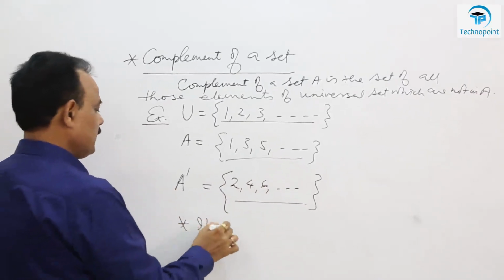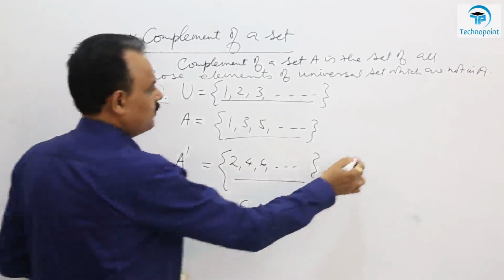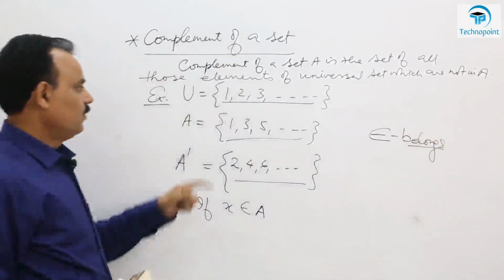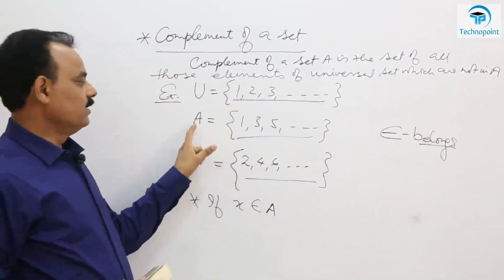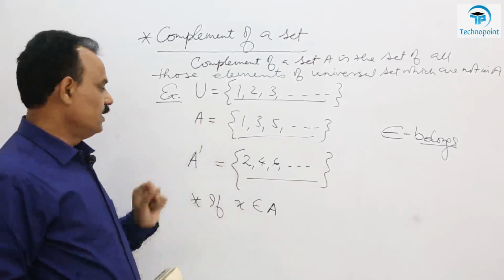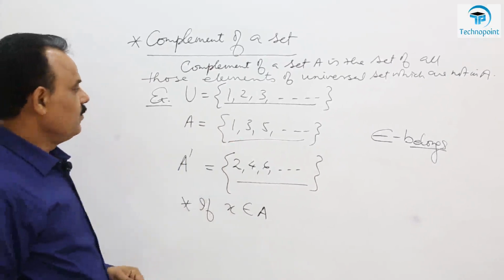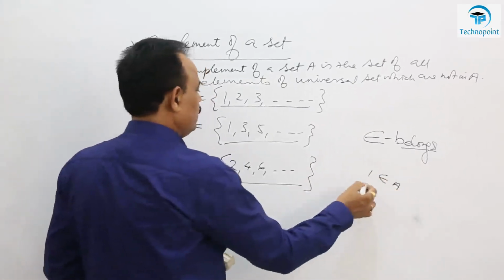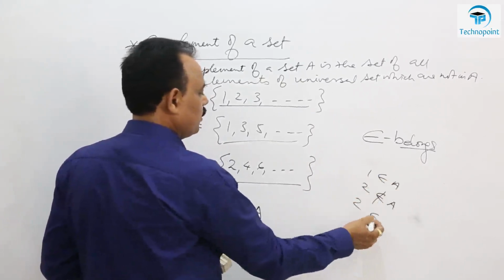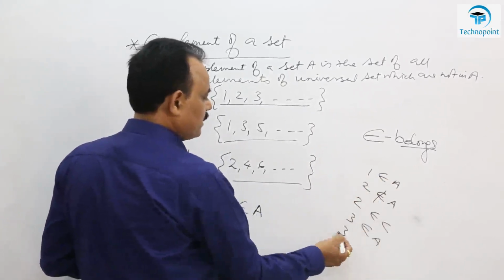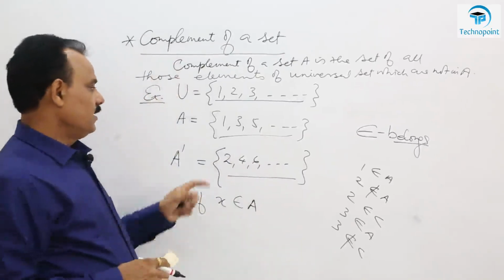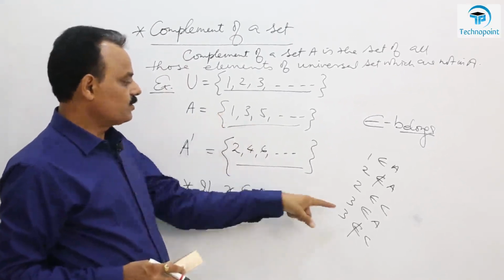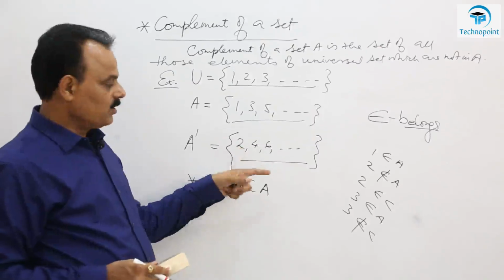This notation means belongs to. 1 belongs to A, this set A; 2 does not belong to A, 2 belongs to A dash. 1 A का एलिमेंट है तो कहते हैं 1 belongs to A, 3 belongs to A, 5 belongs to A, and 3 does not belong to A dash.